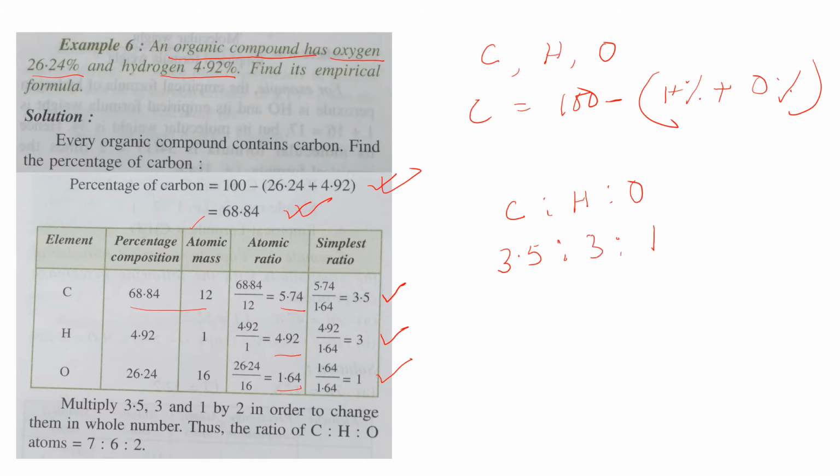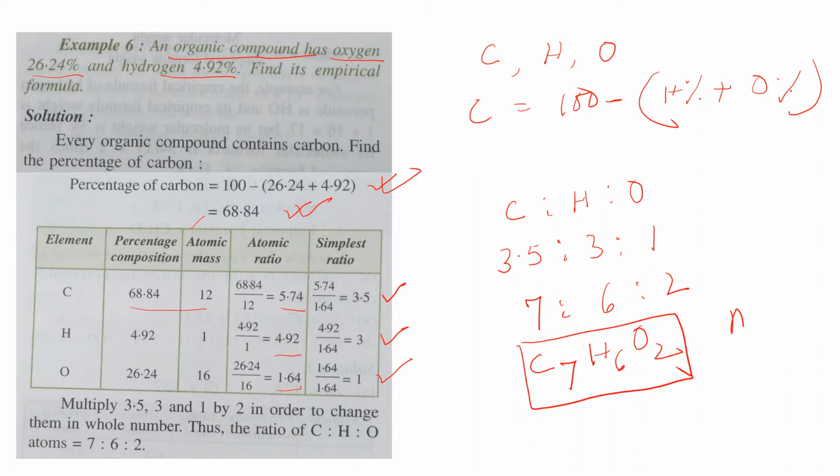Now you have to make a whole number ratio. So just multiply all the ratios with 2. So I'm getting 7 is to 6 is to 2. So my empirical formula will be C7H6O2. This is my answer.